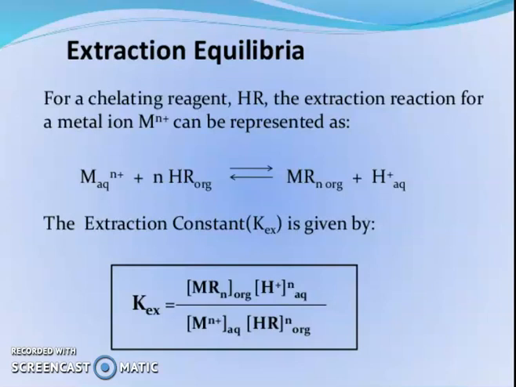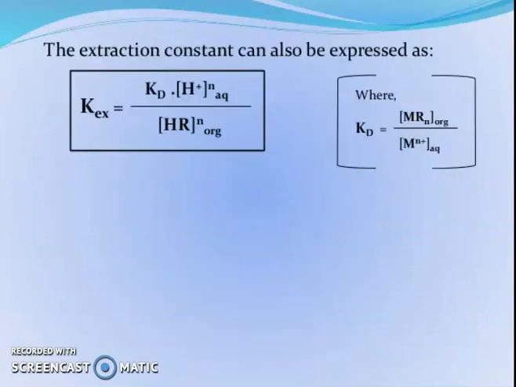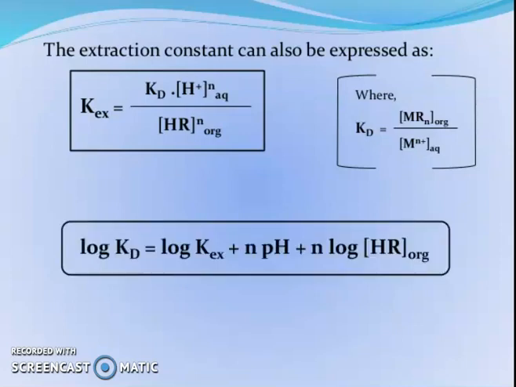So extraction constant Kex is given by Kex equals MRn concentration in the organic layer times hydrogen H+ ion concentration to the power n, divided by metal Mn+ concentration in aqueous layer and HR organic to the power n. So extraction constant can be expressed with this formula where Kd is equal to MRn organic divided by metal Mn+ aqueous. So log Kd is equal to log Kex plus npH plus n log HR organic.